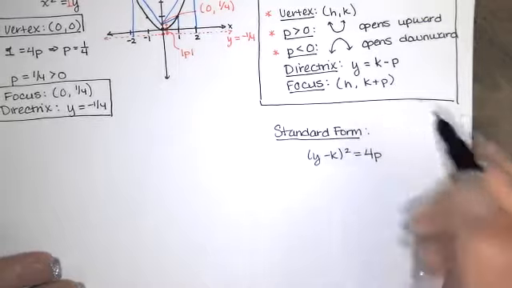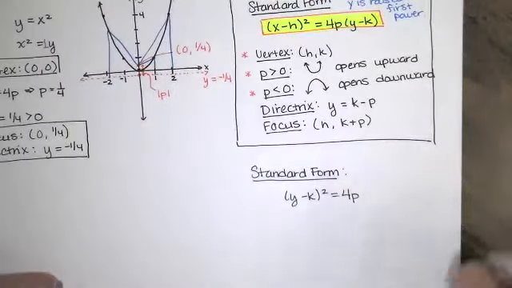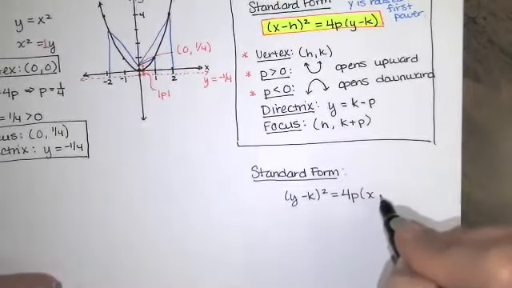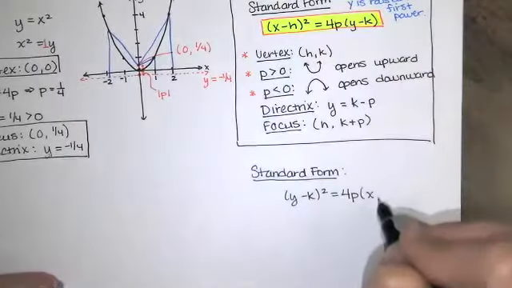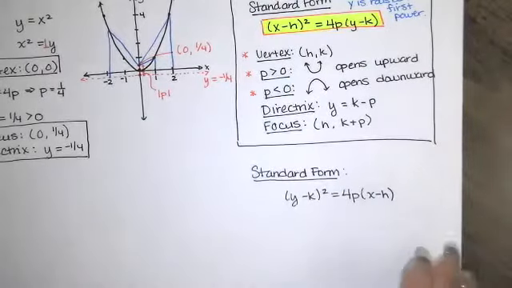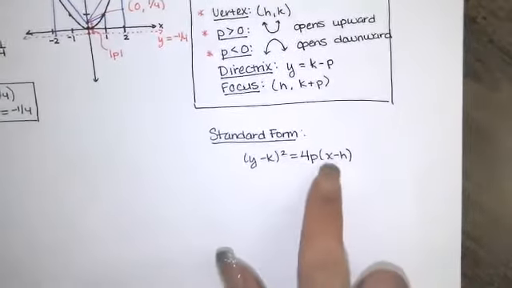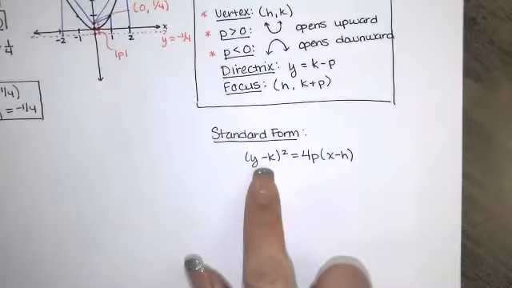Notice the forms are pretty much the same. They're almost identical. We just swap out the y minus k over here and the x minus h over here. This is when x is raised to the first and y is being squared.